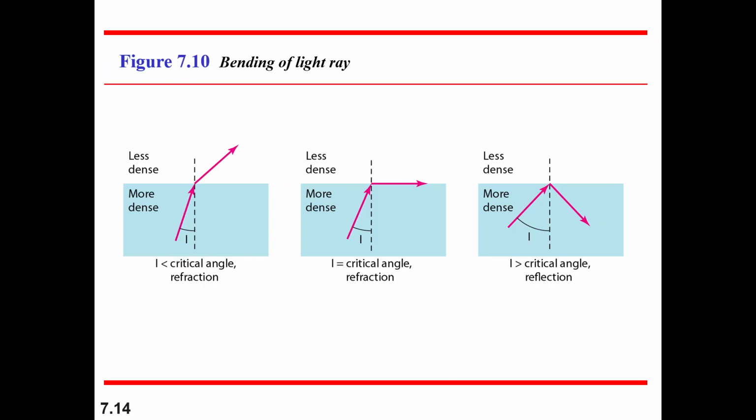If the angle of incidence is equal to the critical angle, the light bends along the interface. If the angle is greater than the critical angle, the ray reflects, makes a turn, and travels again in the denser substance. Note that the critical angle is a property of the substance and its value differs from one substance to another.